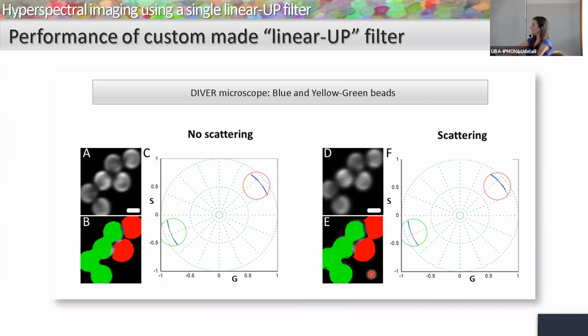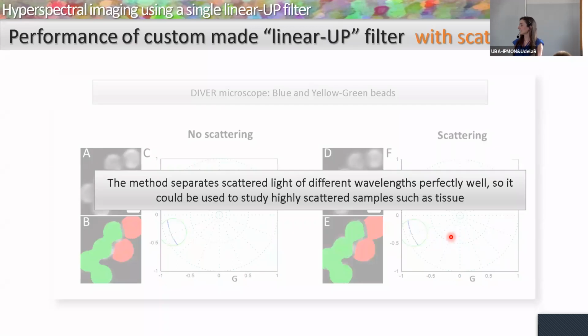In the first part, you can see with no scatter. In the second one, we added the ground glass, and they also appear in the same positions in the phasor plot. So scattered light is not a problem for this method, and we could prove that it separates scattered light of different wavelengths perfectly well. So this method can be used with samples like tissues that are intrinsically scattering.